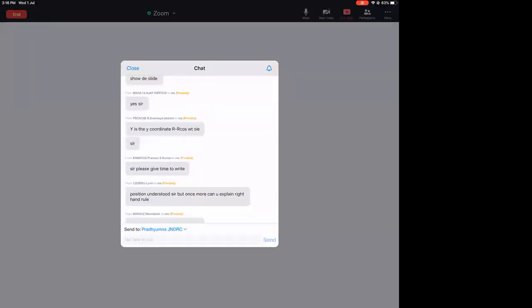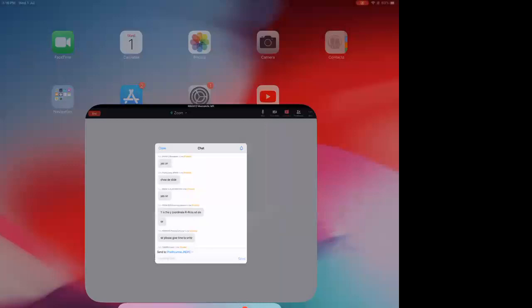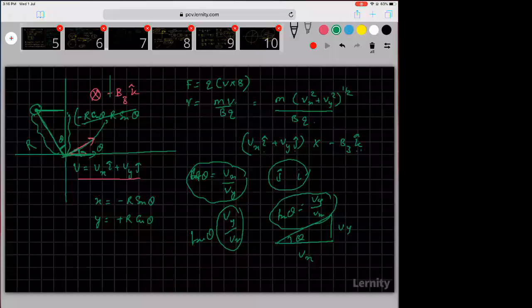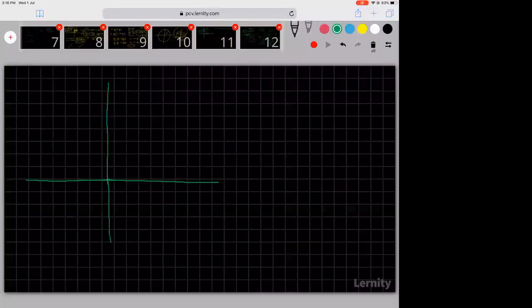Why is the y coordinate r minus r cos theta? I explained to you. Slow this slide. See, why is it r minus r cos theta? Suppose you draw a circle from the origin, and the particle is here.